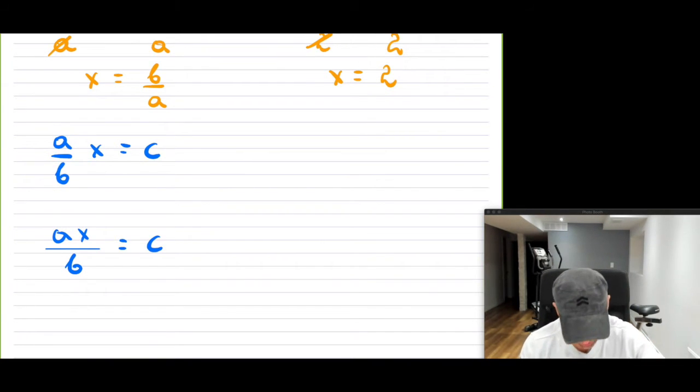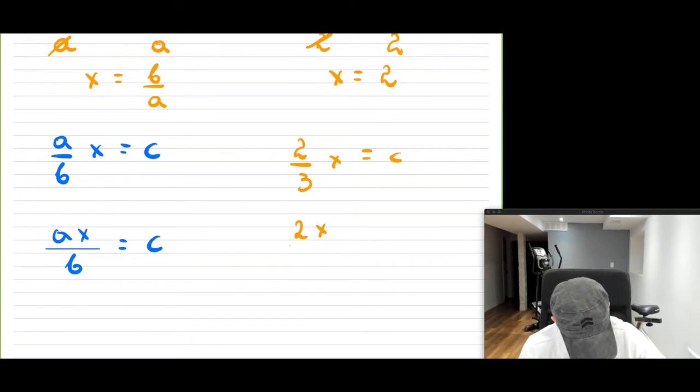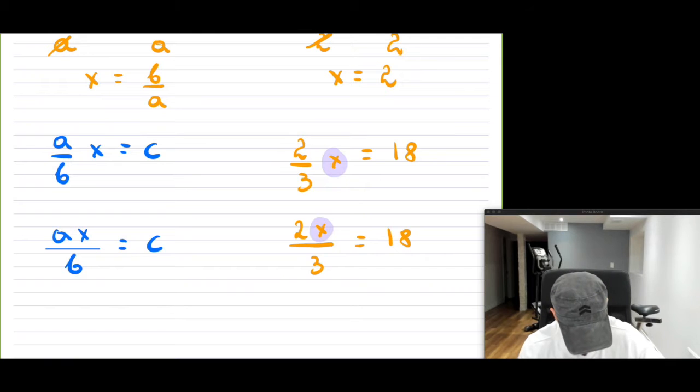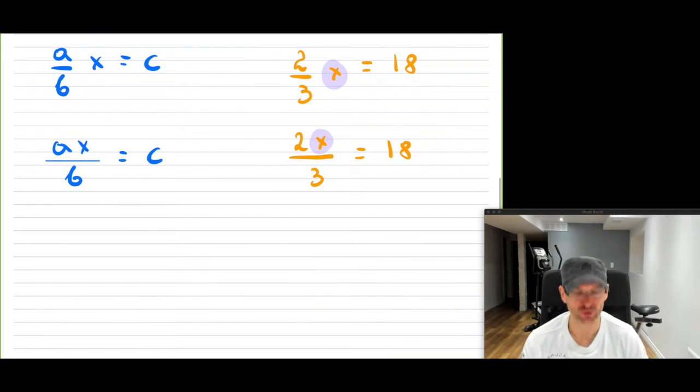Now in the world of numbers, I can relate this back to something like this. Let me get rid of that C and actually put a number in there so that you can see that it's all numbers. So the question is, what would I do if I wanted to solve for this X if I had those numbers?